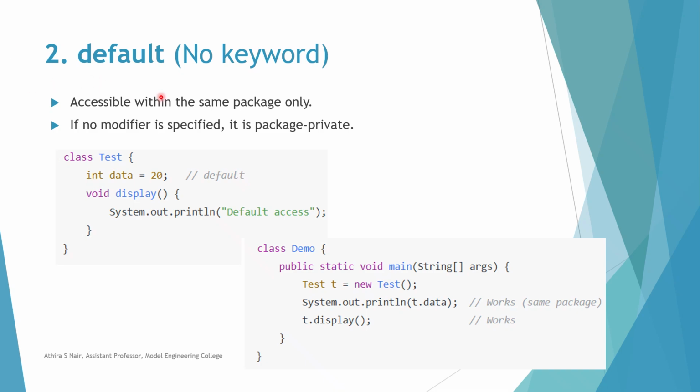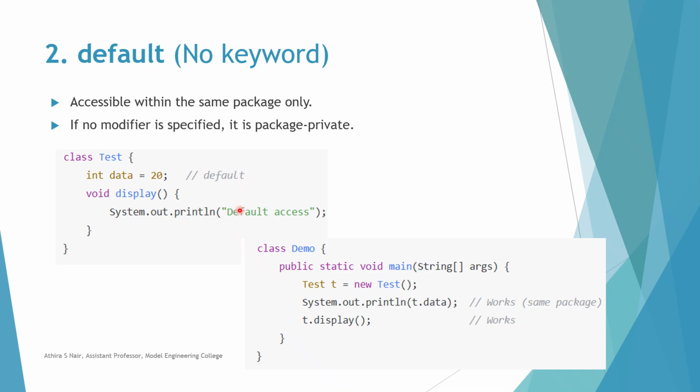Next type is default. If no modifier is specified, then Java will take it as default, and we don't have any keyword to represent the default specifier. So this is accessible within the same package only. So here we have an example, class Test, int data is equal to 20. We haven't mentioned any specific modifier, so it will be taken as default.